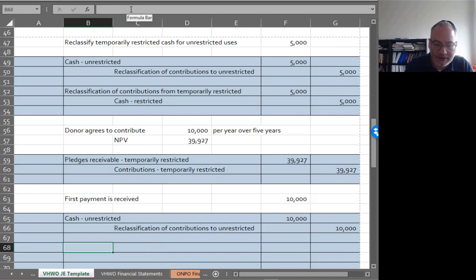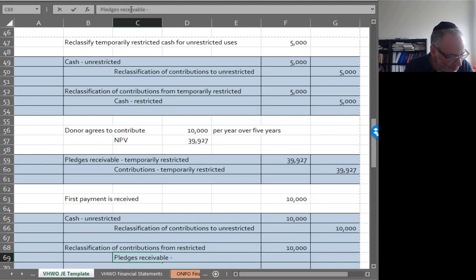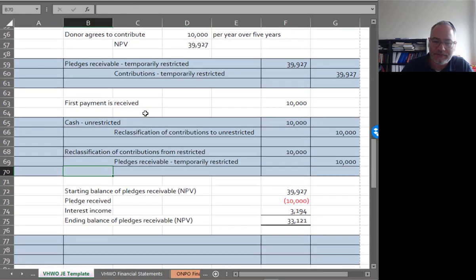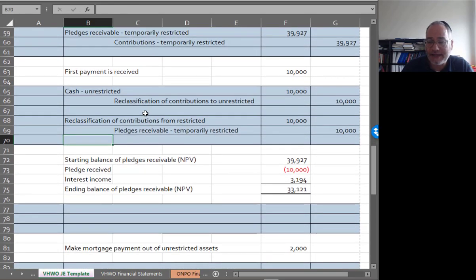And then I'm going to debit reclassification of contributions from restricted, also for $10,000, and credit pledges receivable temporarily restricted, $10,000. There you go. So now I've got that $10,000.